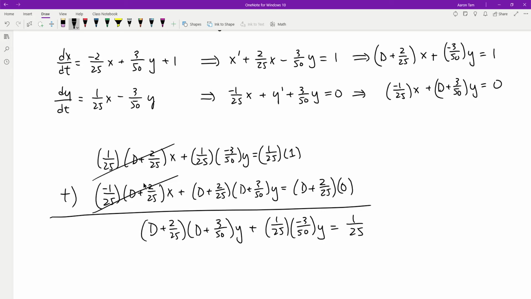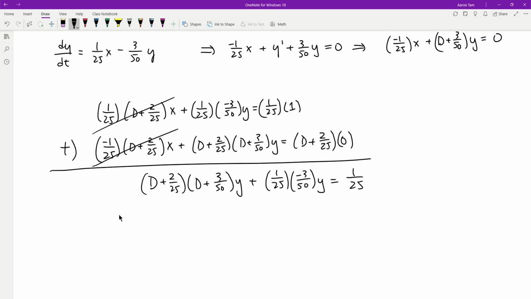So now it's just a matter of cleaning up this equation so we can solve for it. If I'm looking at this correctly, that is D squared plus 7/50 D plus 6/1250 minus 3/1250, all times y, equals 1/25.